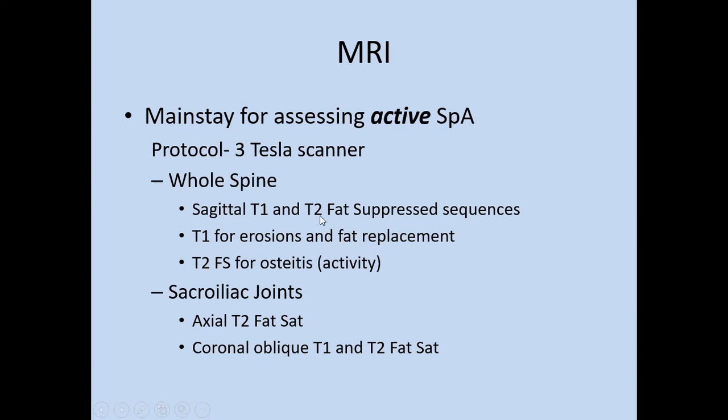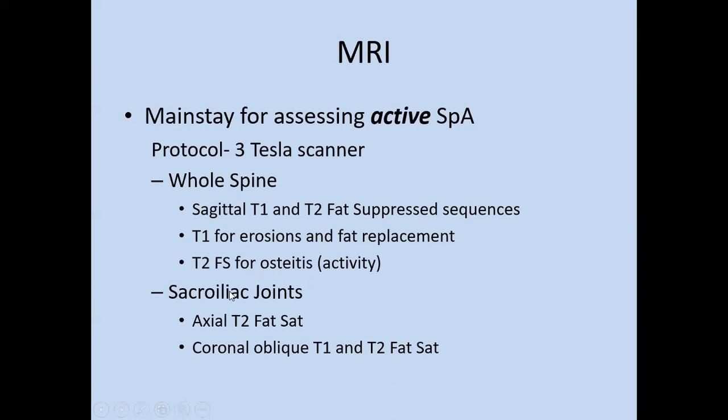And also we have sagittal T2 fat saturated sequence for the whole spine that includes the cervical, thoracic, and lumbar spine. And the T2 fat saturated sequence is very useful for detecting the disease activity, which is the osteitis, whether it is related to enthesitis or related to synovitis.